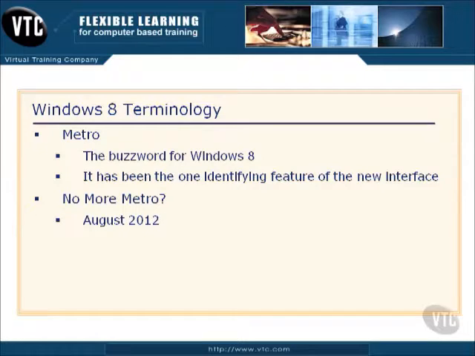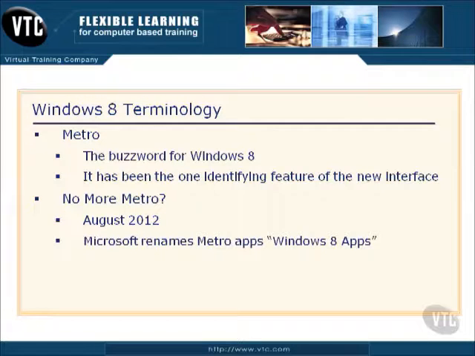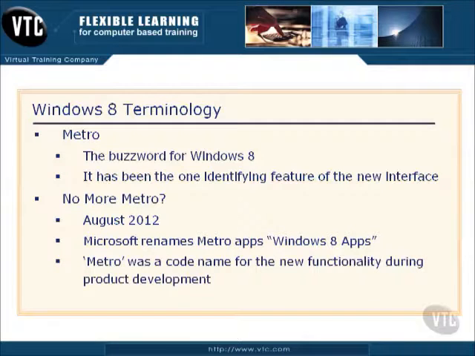Well, no. What actually happened is Microsoft suddenly renamed Metro apps to Windows 8 apps. You can debate about whether this is a good idea or not, but the fact of the matter is you're going to hear the term Metro connected to Windows 8 for quite a long time, because they have embedded this into developers' and administrators' terminology for the whole development phase.